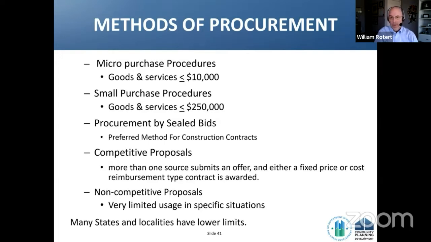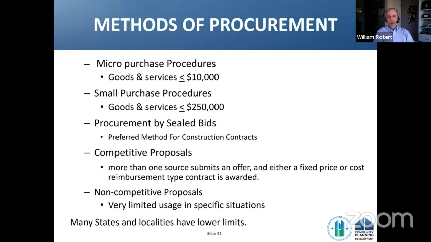But then also you need to occasionally hire an architect, an engineer, or some other professional services for your program. And that's covered under what's called competitive proposals. You go out and you get proposals, RFPs or RFQs from more than one source, asked to submit those to you. Either a fixed price or a cost reimbursement type contract can be used.